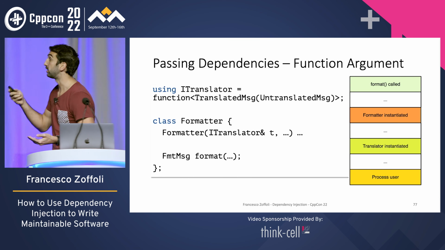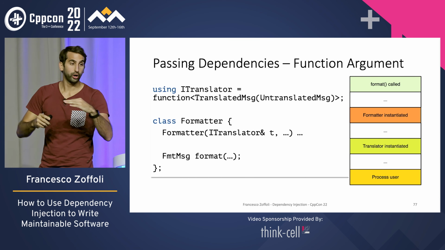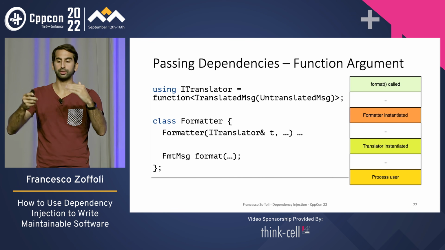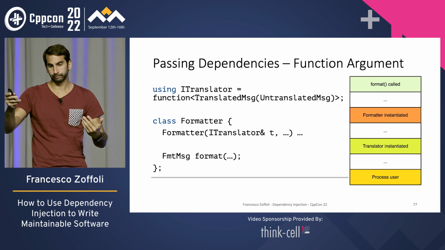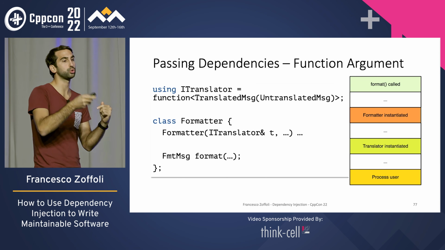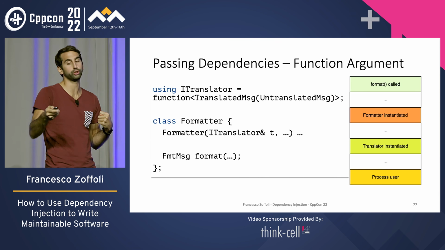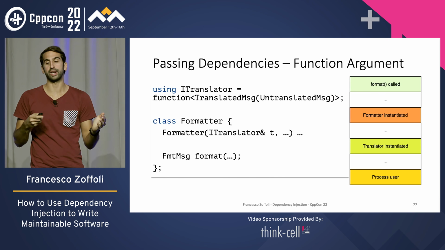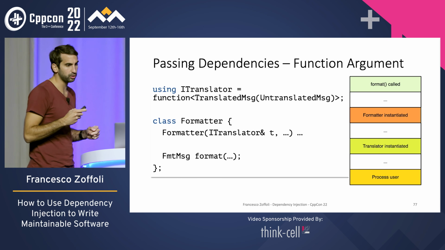So what I want to show with this is that by passing dependencies in the constructor or in the function, you can get to a system where the place where you're creating your objects, your dependencies, changes. And it's up to you to choose the solution that works for your case. I don't know how expensive it is to create your translator, or whether the formatter has some specific data that you can get access to only after you start processing the user.